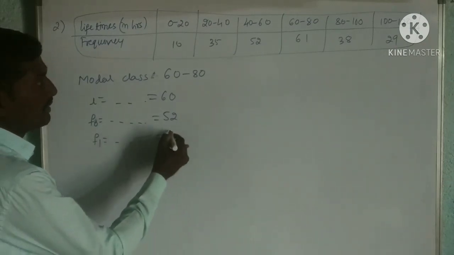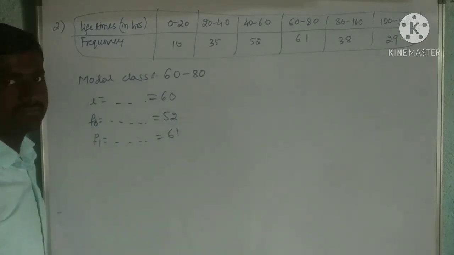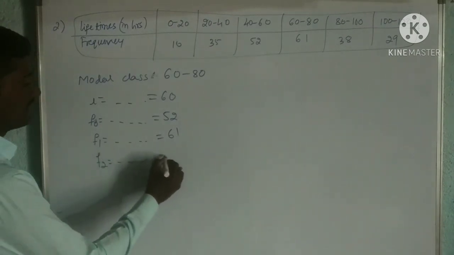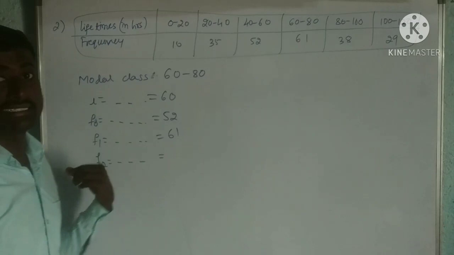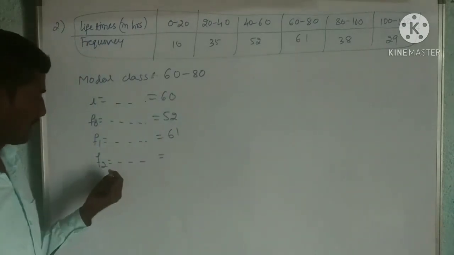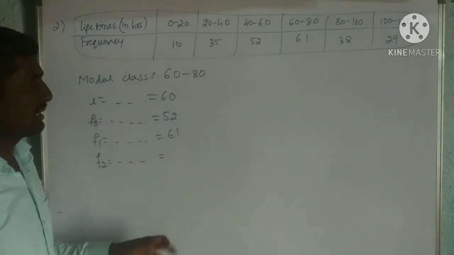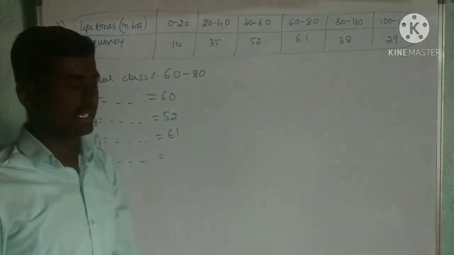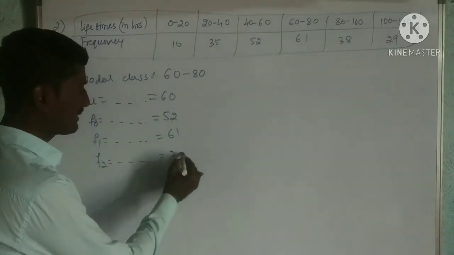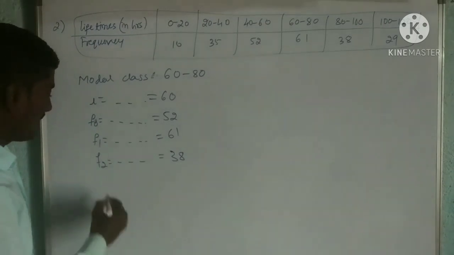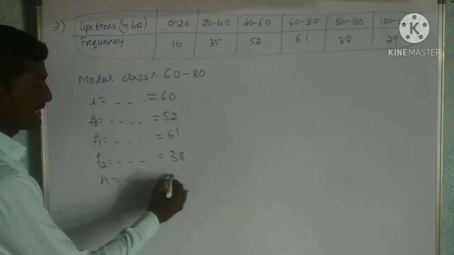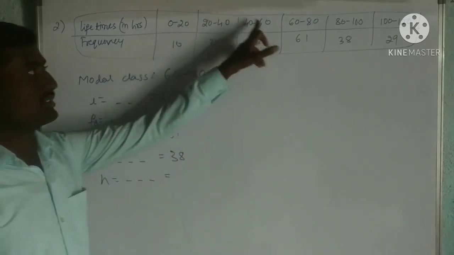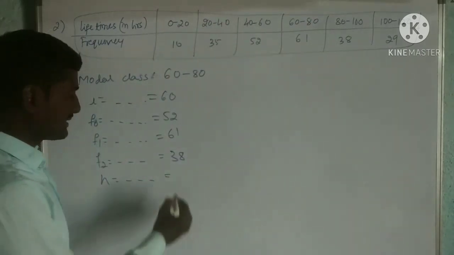Next, f2 is the frequency of the class succeeding the modal class, which is 38. Now h is the step size or step length. The difference of each class interval is 20.